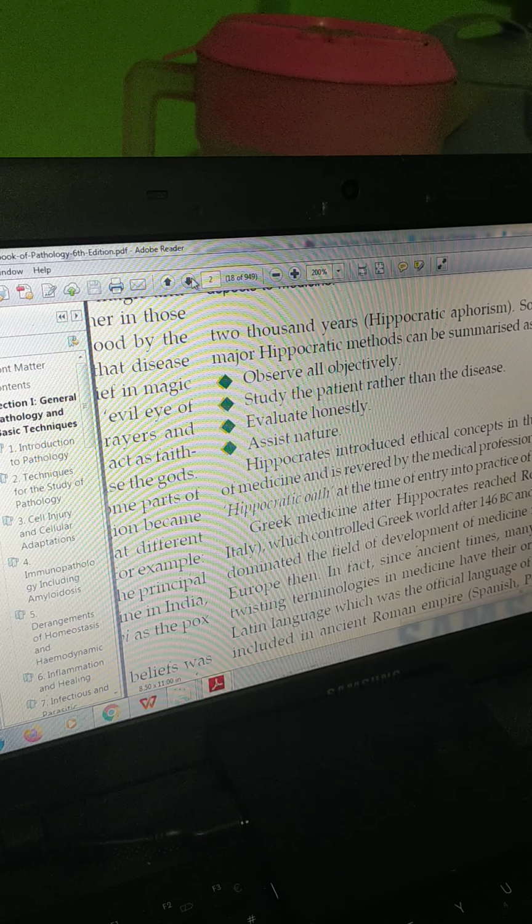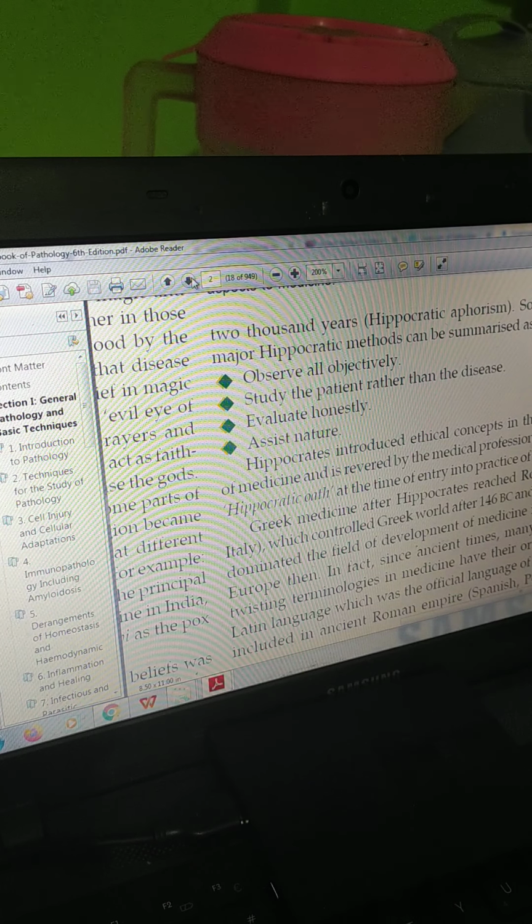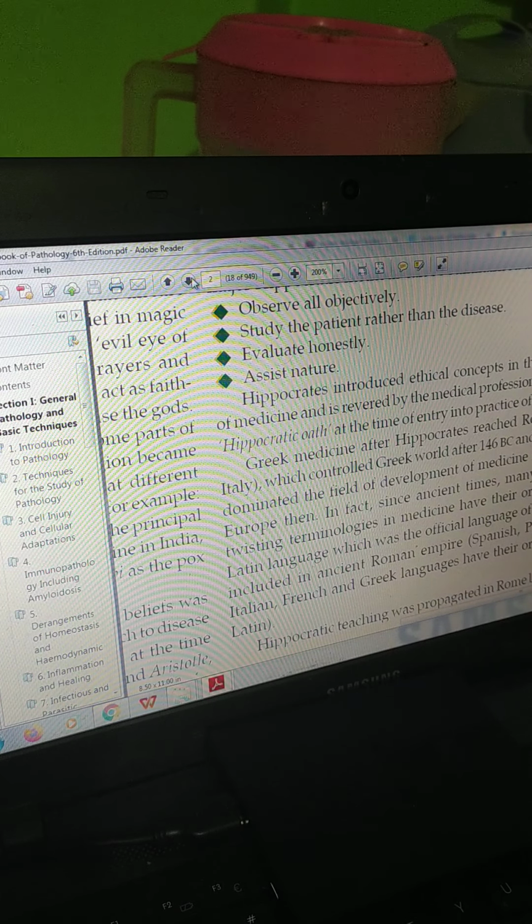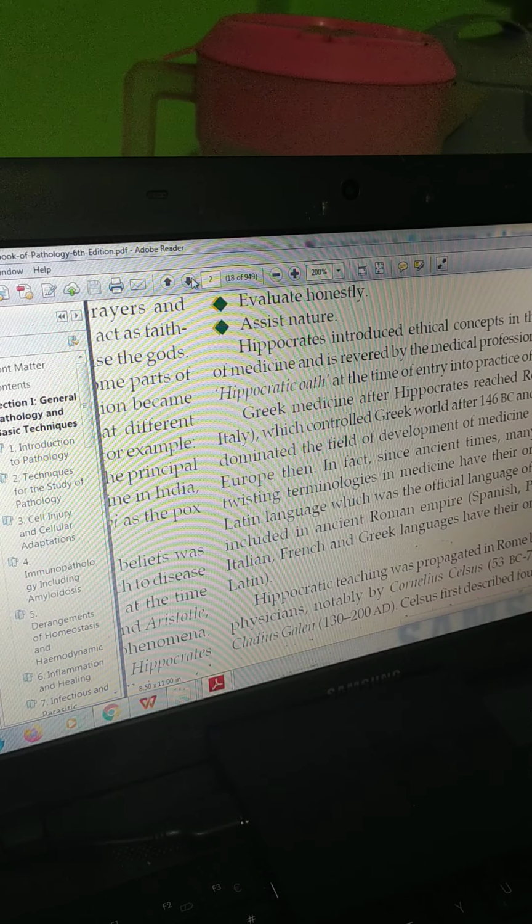In fact, many tongue-twisting terminologies in medicine have their origin from the Latin language, which was the official language of countries included in the ancient Roman Empire. Spanish, Portuguese, Italian, French, and Greek languages have their origin from Latin.